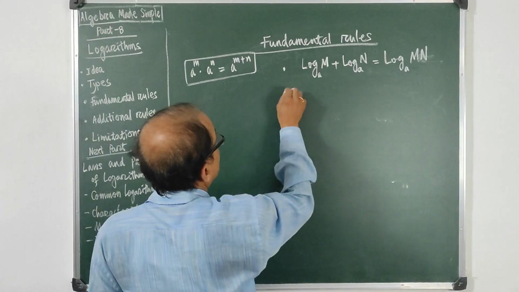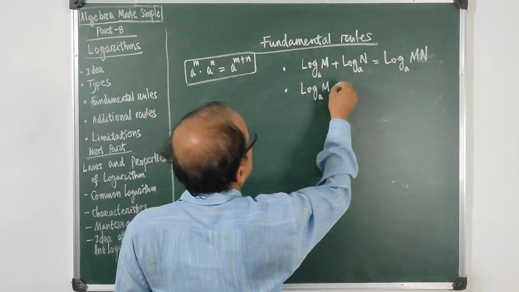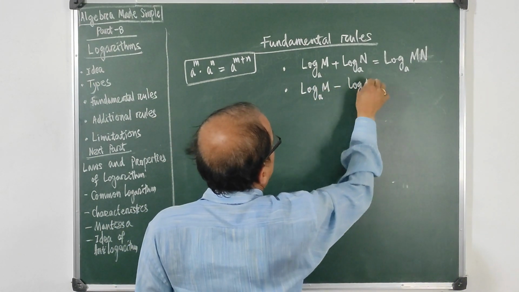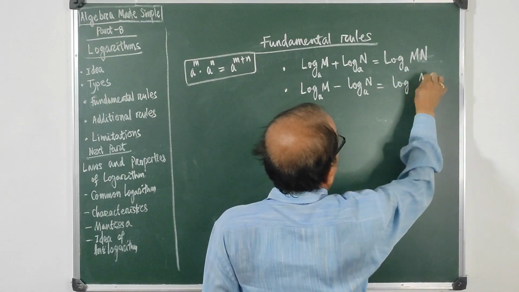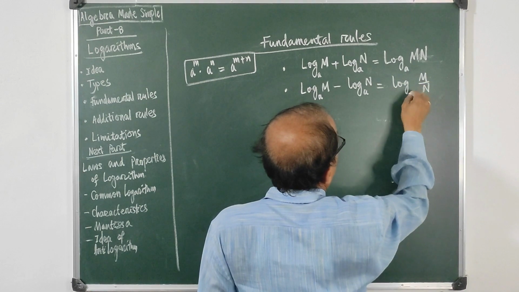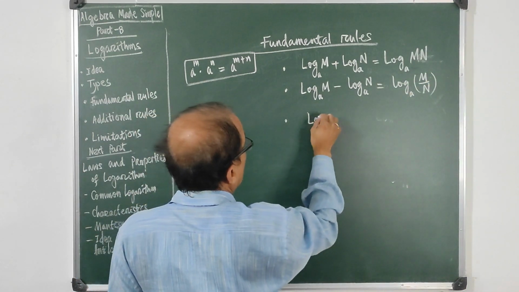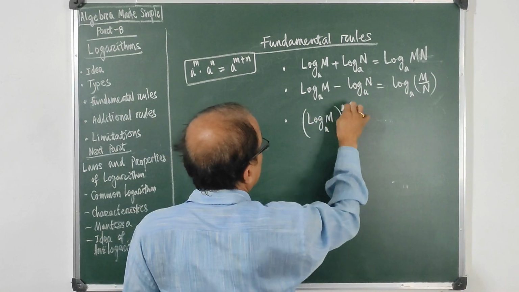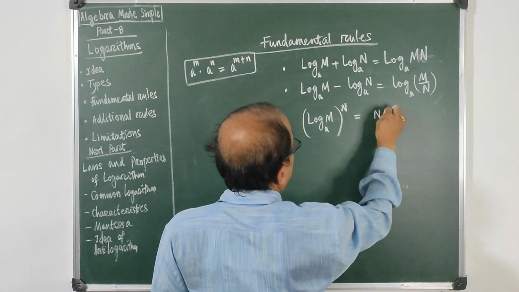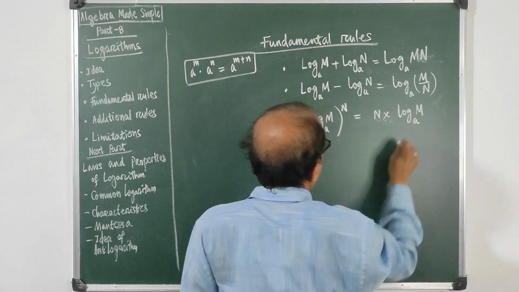Second rule, log m to the base a minus log n to the base a will be equal to log m by n, or m upon n, to the base a. Third rule, log m to the base a whole to the power n will be equal to n into log m to the base a.